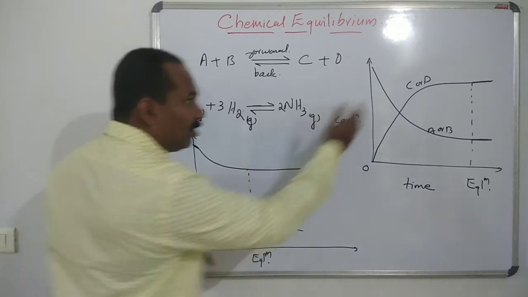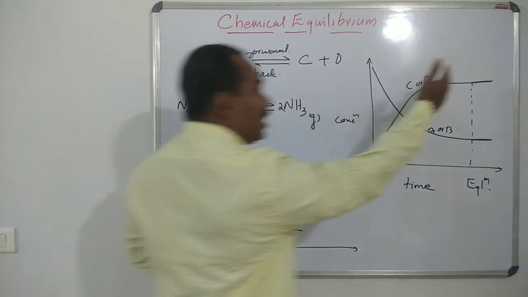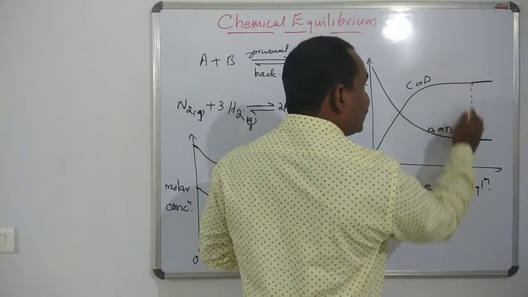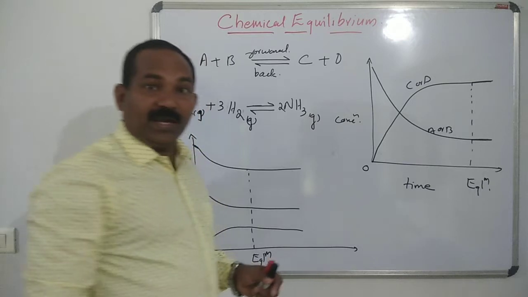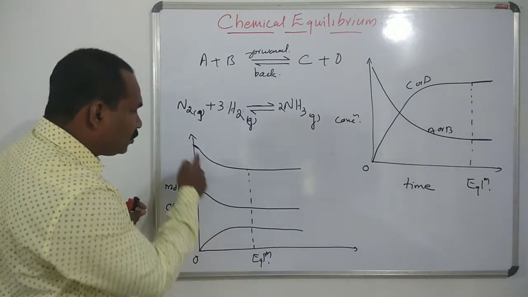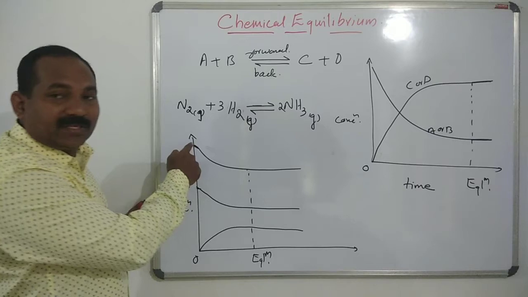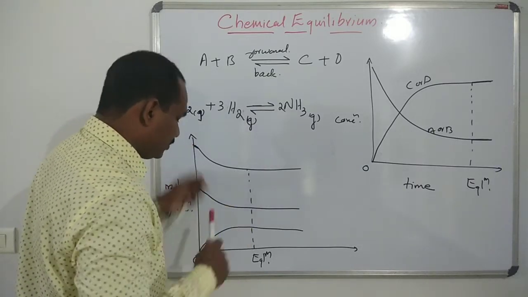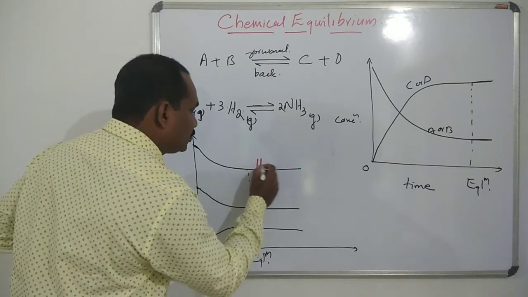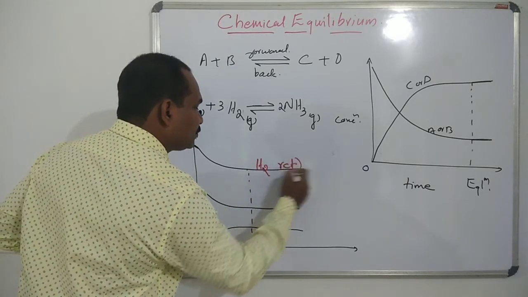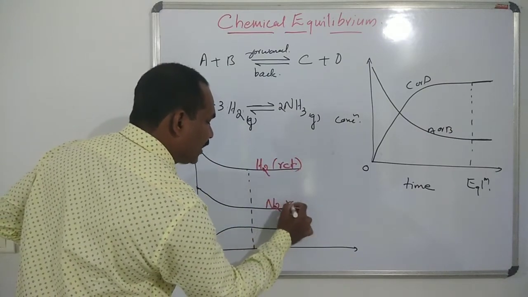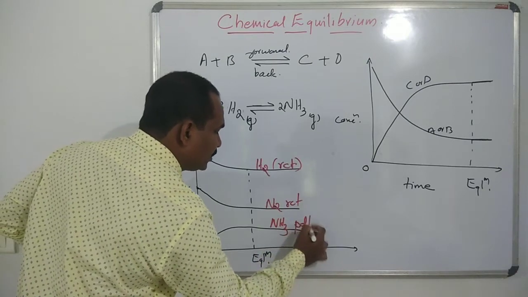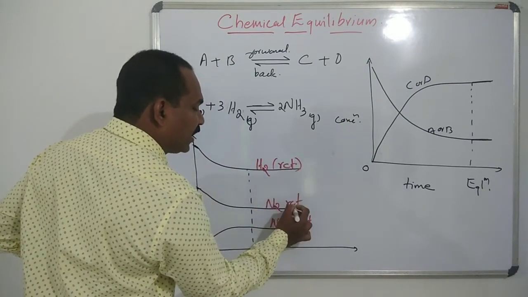After reaching the equilibrium, the molar concentrations of reactants and products are constant; they don't change. Here I write N2, this is H2, the reactants, and this is NH3, the product. Reactants, products.